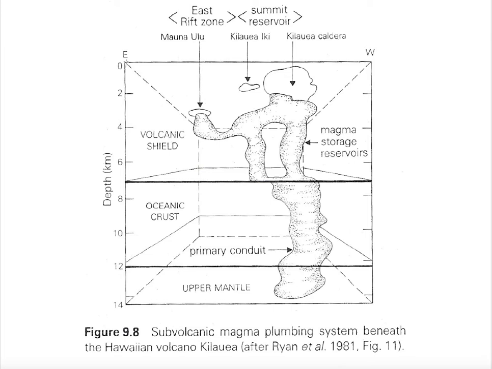The plate above, that is this part here, the oceanic crust above, is moving, and if it is moving more and more away, then we are cutting off the magma reservoir beneath.